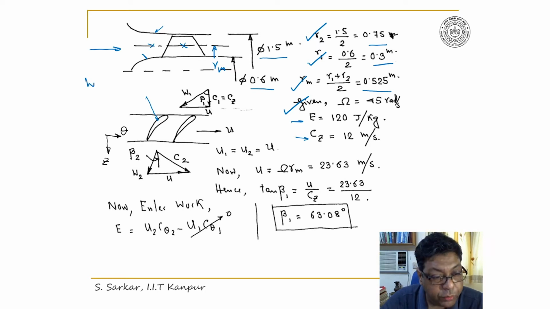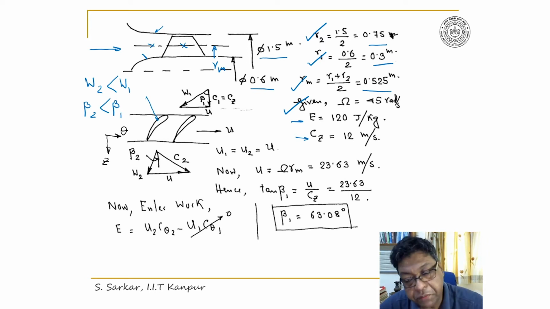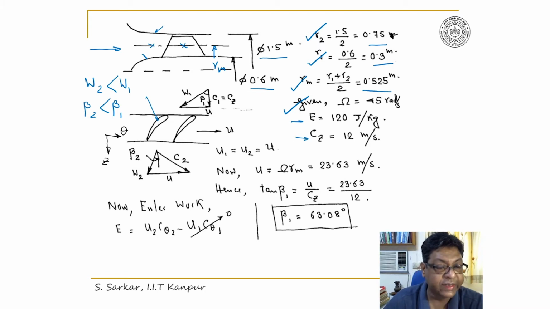Hence, W2 will be less than W1. Thereby, beta 2 will be less than beta 1, where beta 2 is the relative air angle at exit and beta 1 is the relative air angle at inlet.